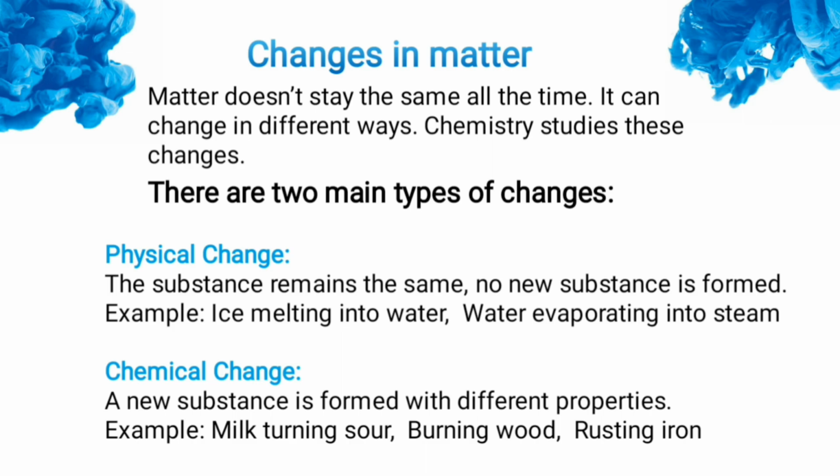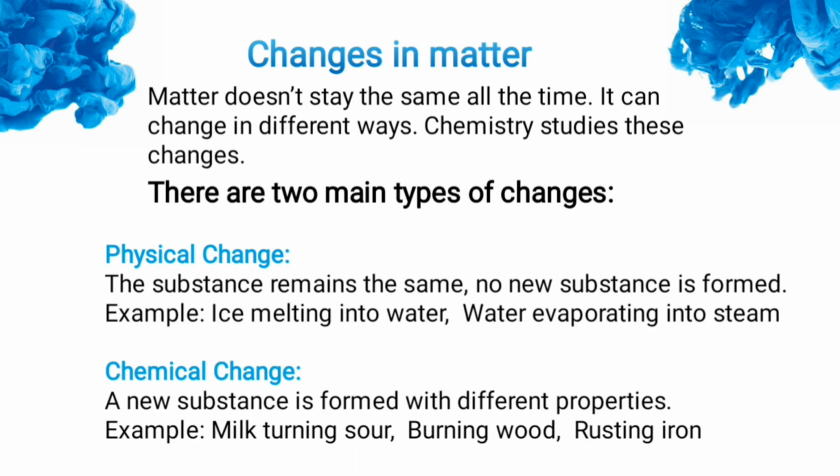Chemical change: a new substance is formed with different properties. It means a change in which a new substance is formed which has different properties. Example: milk turning sour, burning wood, rusting iron.